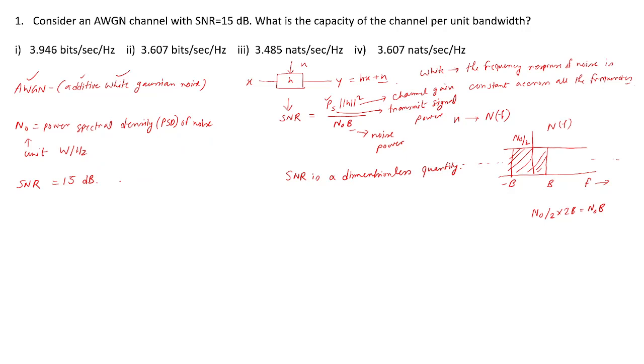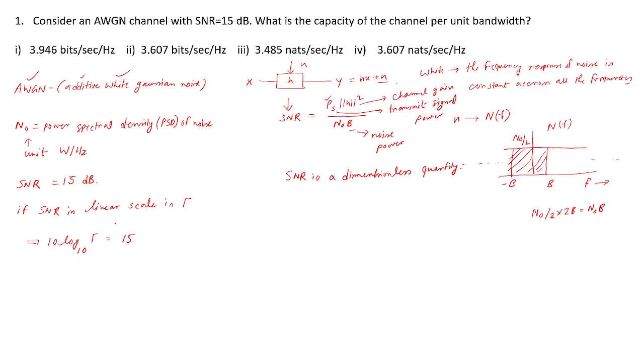We mean that if the SNR in linear scale is capital gamma, then 10 times log base 10 of capital gamma is equal to 15.